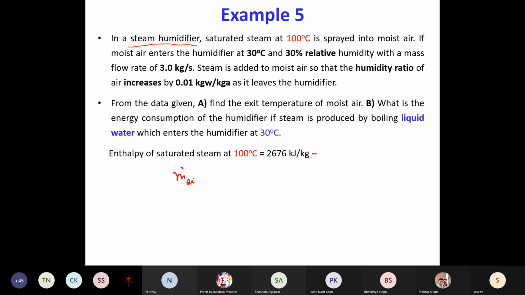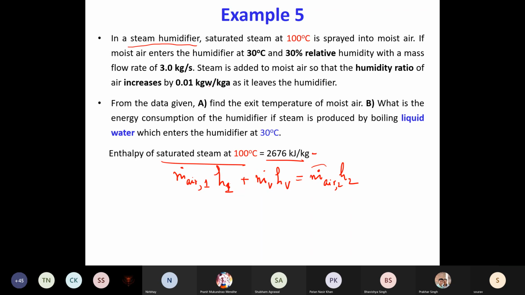So m dot air at state 1, H1, plus m dot steam into H of steam, saturated steam enthalpy is given, equals m dot air H2.